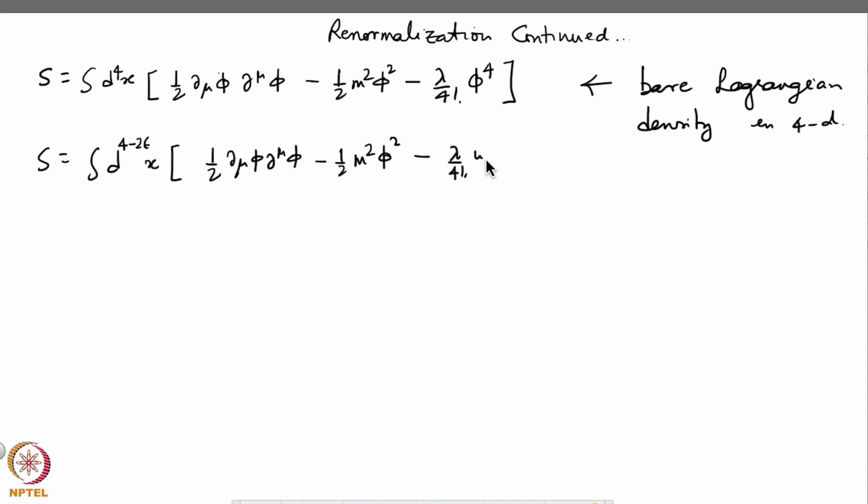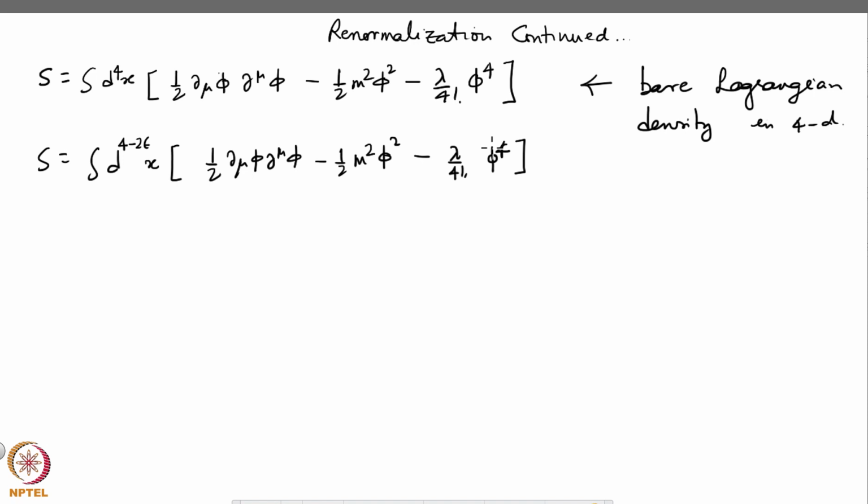I will introduce that when I write the renormalized field. Here lambda is dimensionful. As you know, it has dimensions mu to the 2 epsilon. Or if you wish, you can introduce some mu naught and put lambda times mu naught power 2 epsilon.